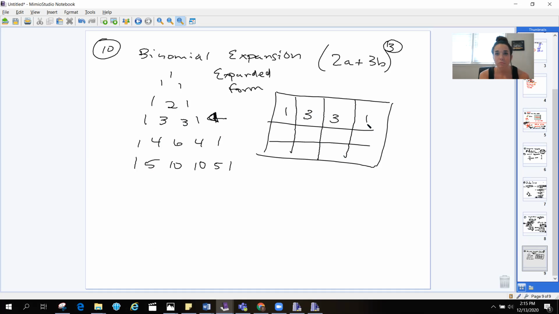You take the first term, 2a, put it in this box, and raise it to the 3rd power. I'm getting that 3 from this exponent up here. Then I count down all the way to 0: 2, 1, 0. And then I go all the way back up.